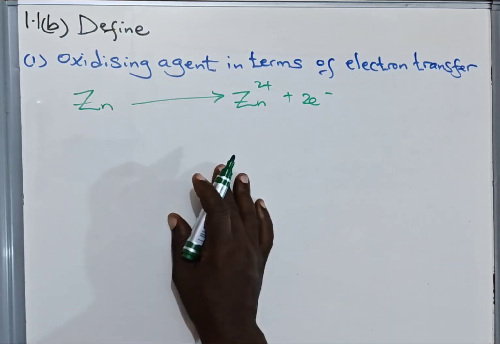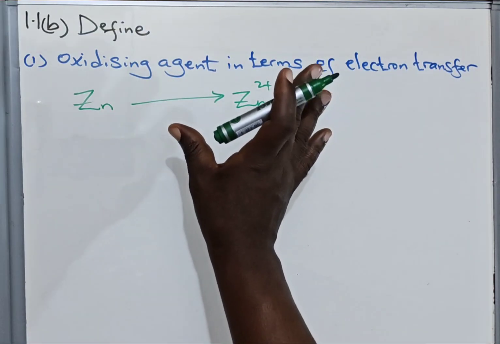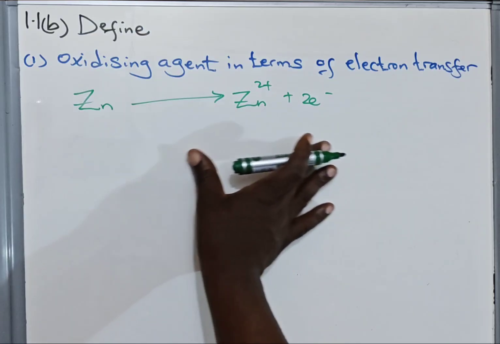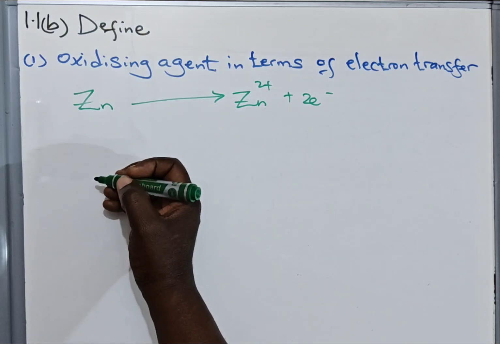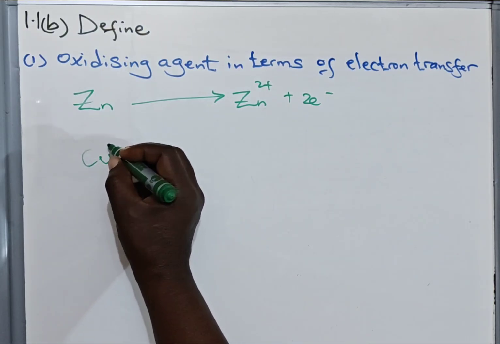This one is oxidation. As we proceed, you'll know why. But this is the typical reaction undergone by zinc when it is in combination with copper. So copper will undergo this kind of reaction.